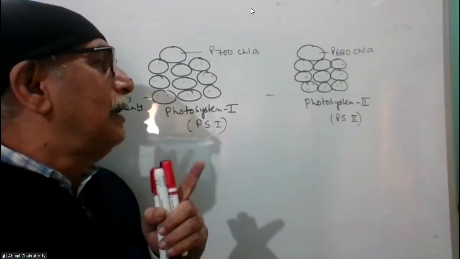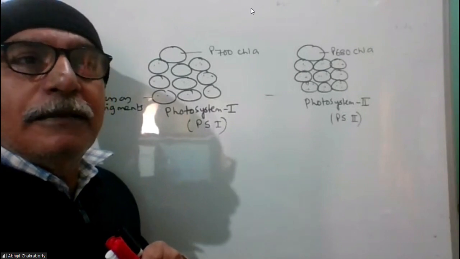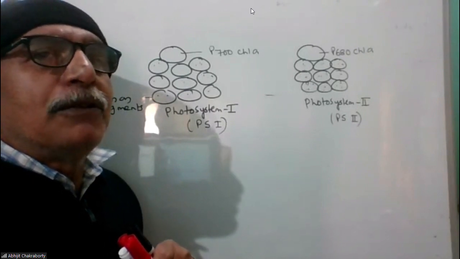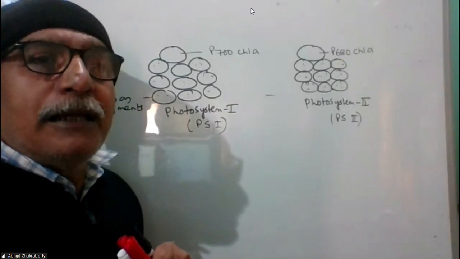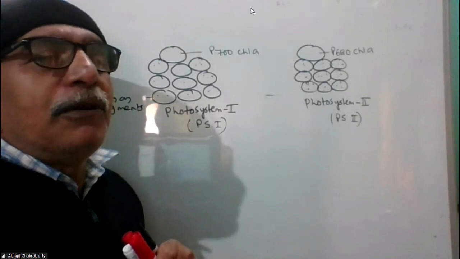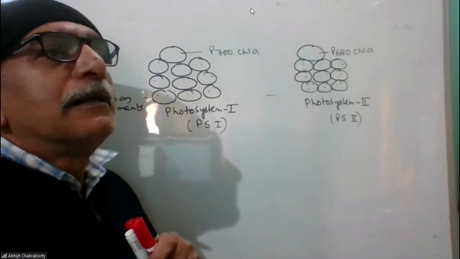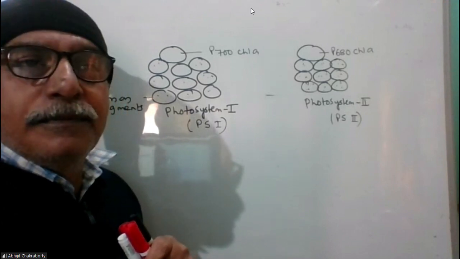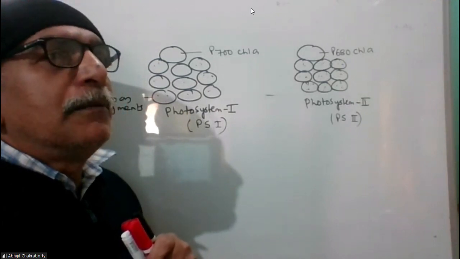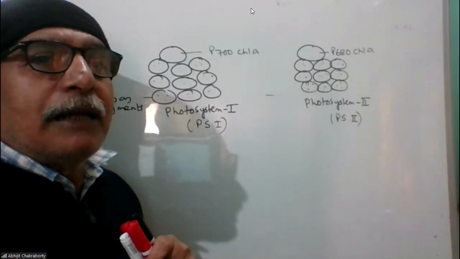The accessory pigments also have the ability to absorb light. Although a lot of pigments are there, accessory pigments perform two roles here. Suppose carotenoids may be there in the light harvesting complex.